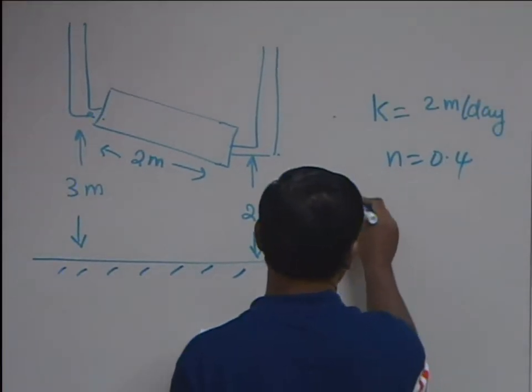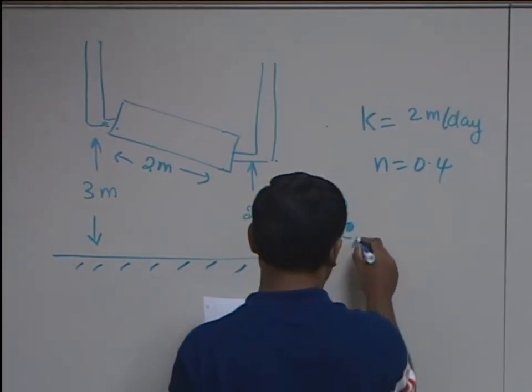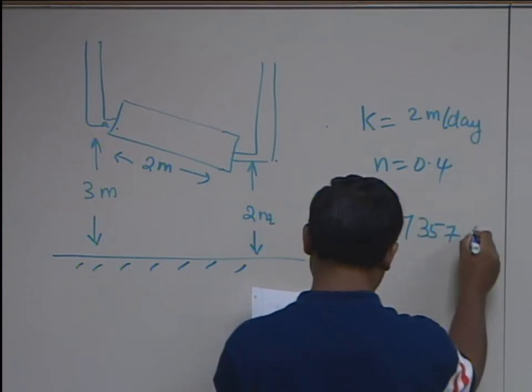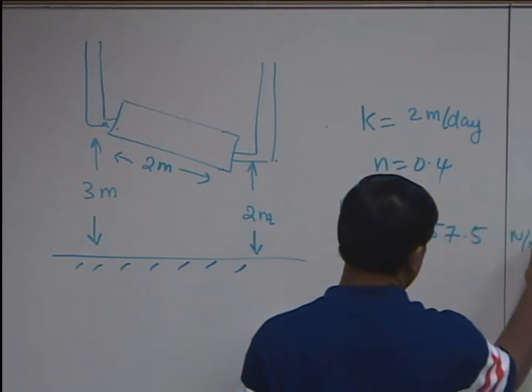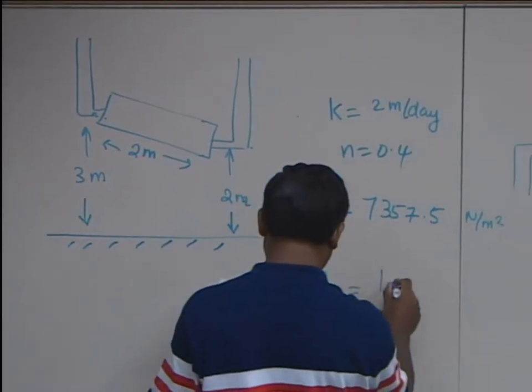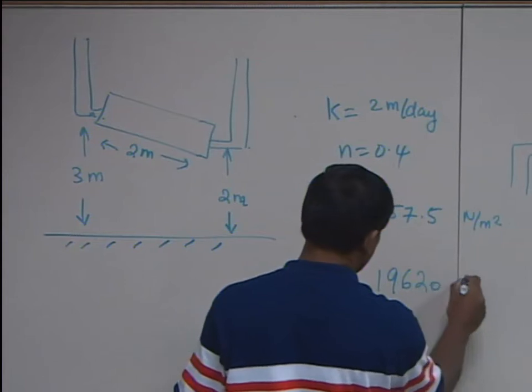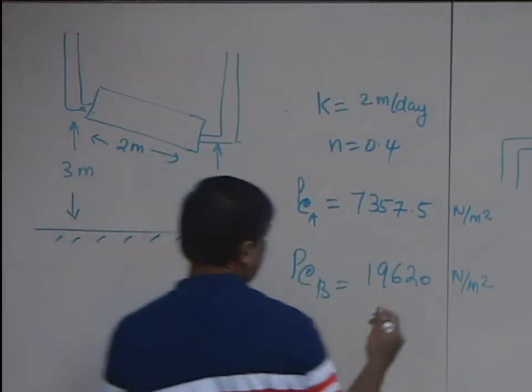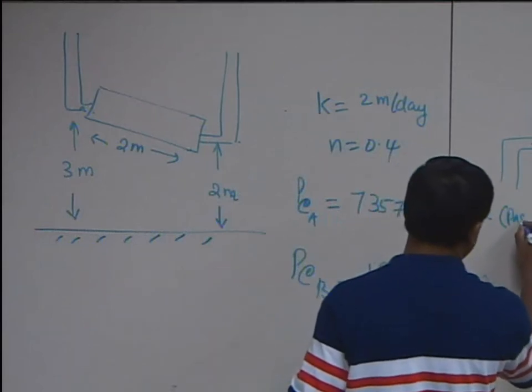Pressure at A is equal to 7357.5 Newton per meter squared. Pressure at B is 19,620 Newton per meter squared, or Pascal.